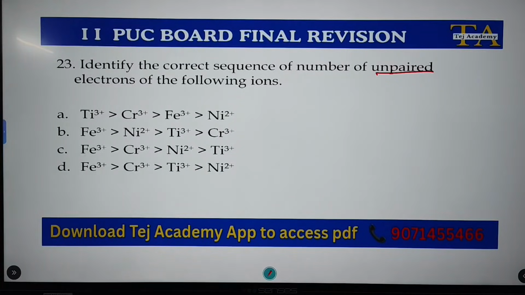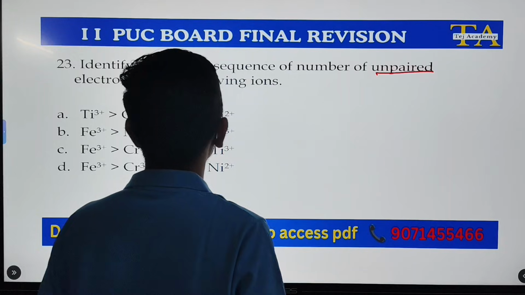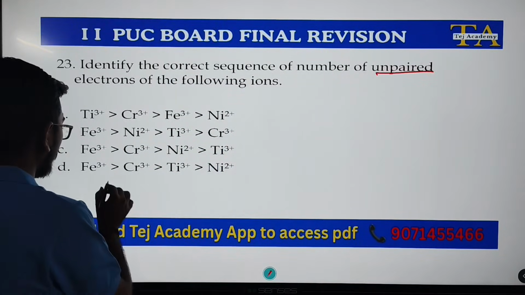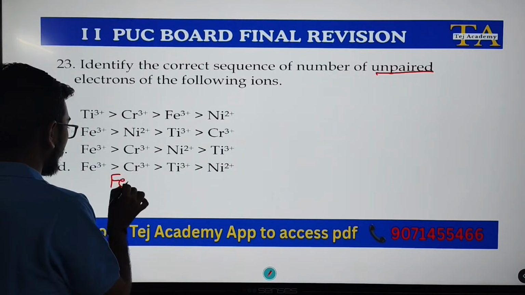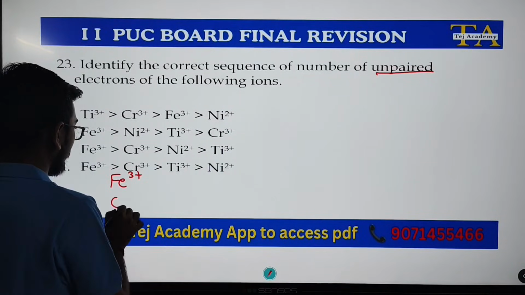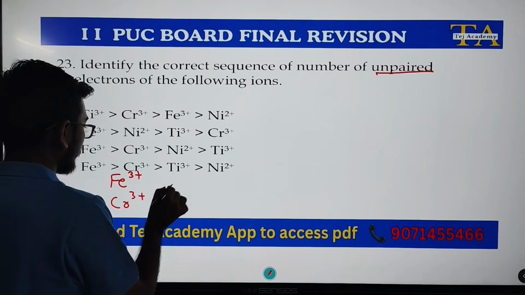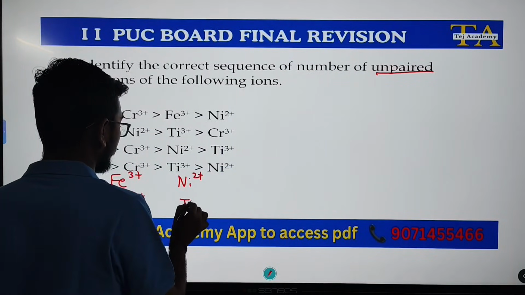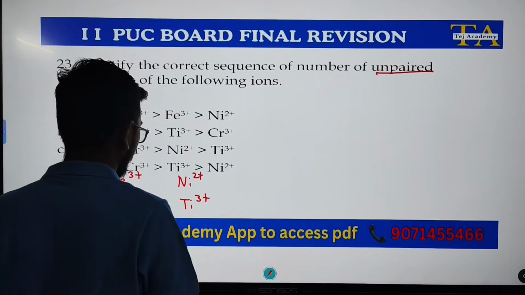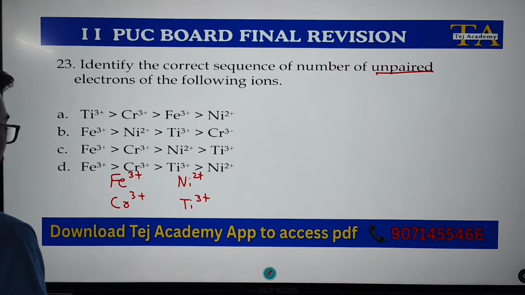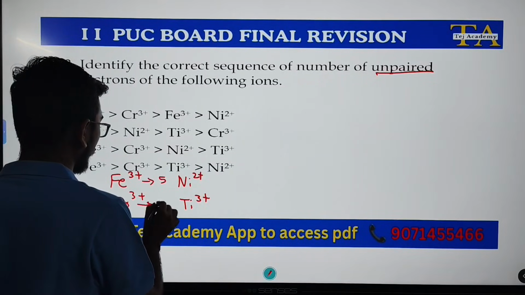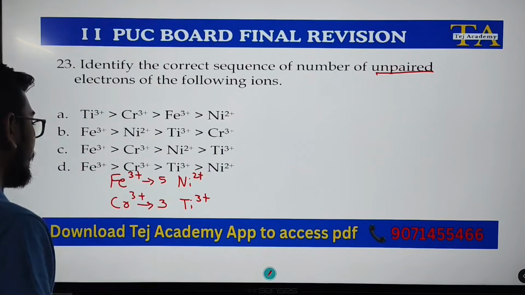Yes. Identify the correct sequence of number of unpaired electrons of the following ions. Now, if you check for Fe3+, chromium 3+, nickel 2+ and Ti3+. For Fe3+, we know that 5 unpaired electrons will be present. For chromium 3+, 3 unpaired electrons.